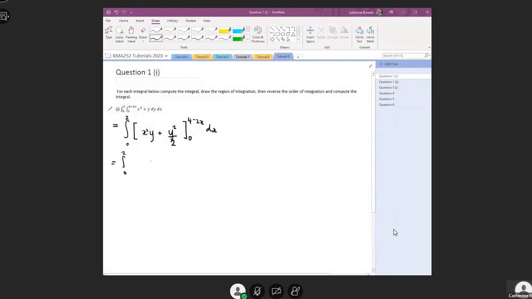So first I sub in 4 minus 2x everywhere I see a y, so I get x squared (4 minus 2x) plus half (4 minus 2x) all squared, and then we minus and sub in zeros, and for both terms, if you sub in a 0 for y, you're going to get 0.